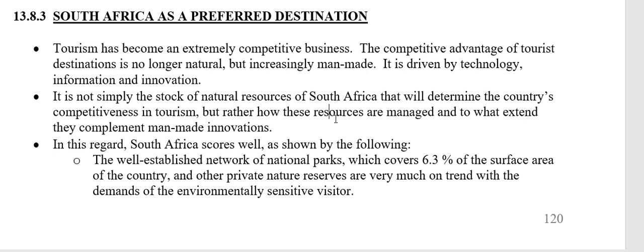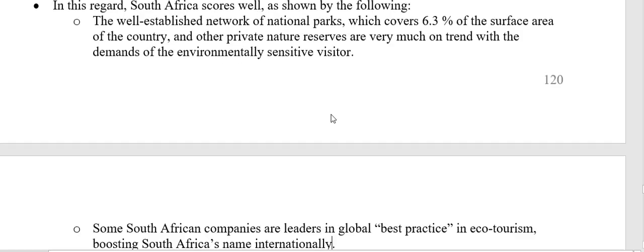Is there enough running water? Do we have enough accommodation? Are the roads well maintained? Is it possible for people to get to the tourist destinations, right? So it's a combination of which natural resources we have that they want to come and see, and those must be complemented by man-made things that are going to make their experience more comfortable. All right. So in this regard, obviously South Africa scores very well.